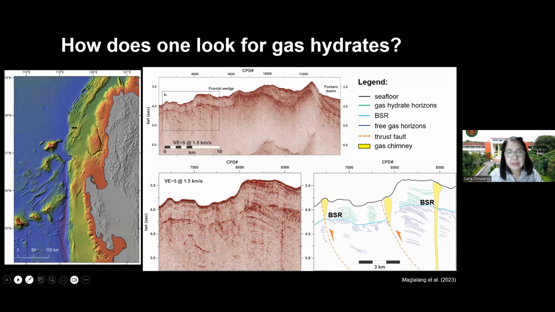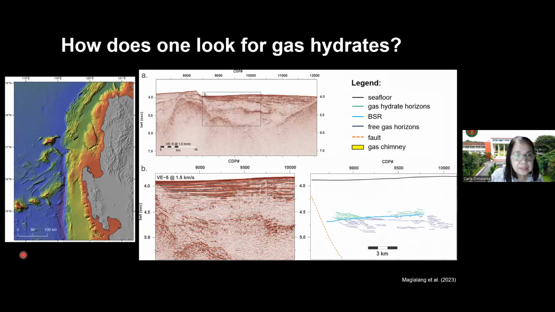And then we also looked at this line here. This is another line that we interpreted. Again, this is the seismic section for that entire length of the line, but we zoom into this portion here because we have examined this already previously. In this portion, the BSR that we delineated is this reflector here.